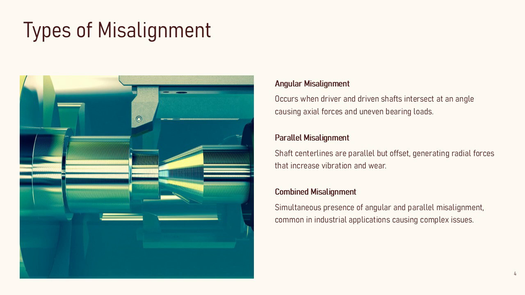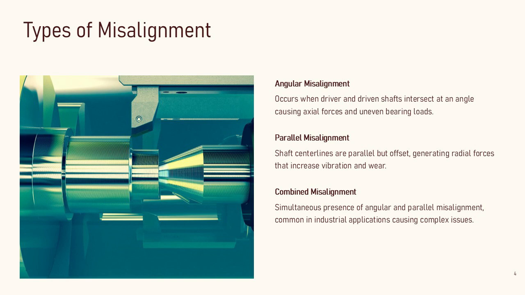Each type of misalignment produces distinct vibration patterns, thermal signatures, and wear characteristics, which can be detected through condition monitoring techniques. Understanding these types is critical because corrective actions and alignment methods must address both angular and parallel components to be effective. Failure to recognize combined misalignment often results in repeated alignment issues and premature component failures.